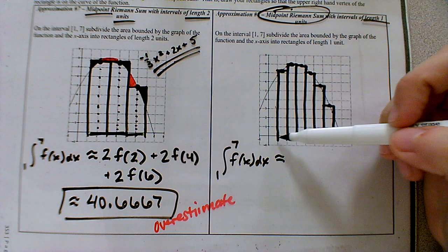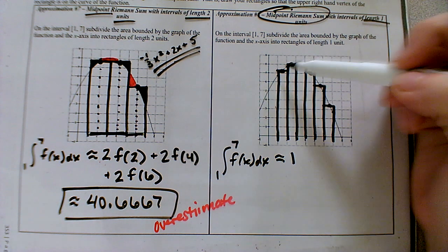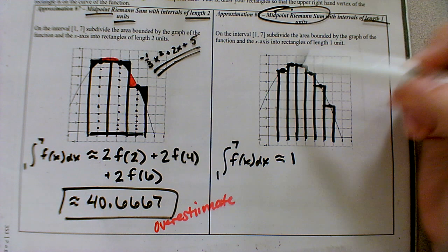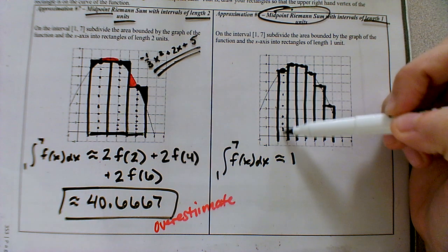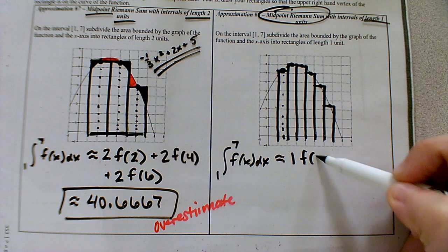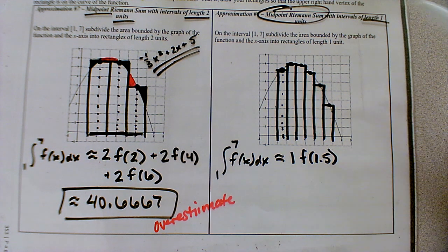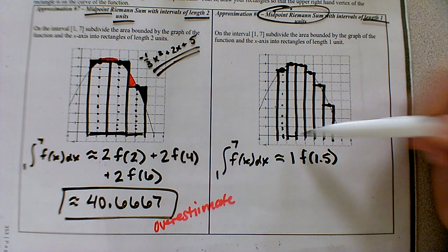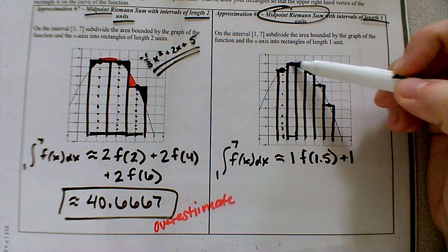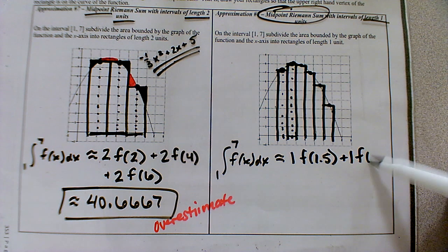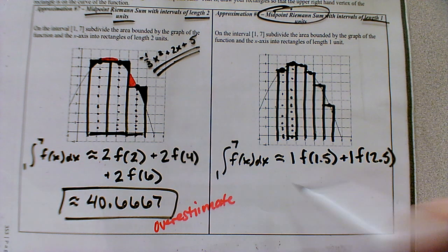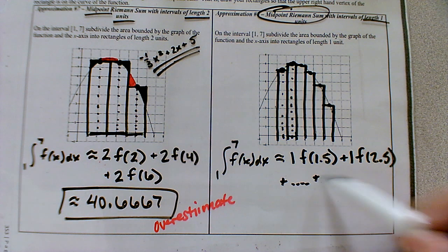Alright, so my first rectangle has a base of 1, and the midpoint that we're going to use for the height came from the x value of 1.5. So I need to figure out f of 1.5. My next rectangle had a base of 1, and its midpoint came from the x value of 2.5. So it seems like we have a little pattern here. Maybe I'll just do dot, dot, dot.